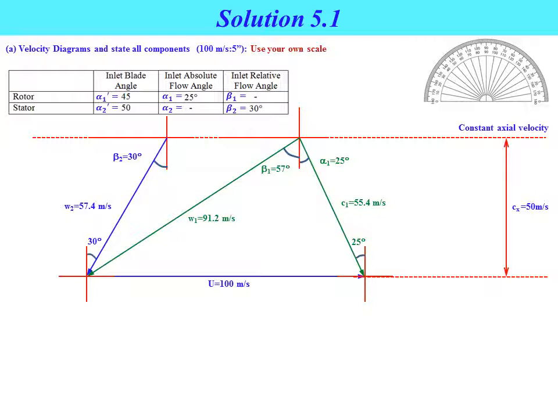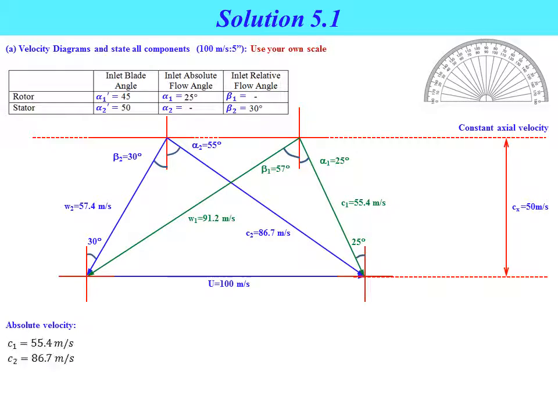Measuring the line, W2 equals 57.4 meters per second. Using the vector principle, we get the line for absolute velocity C2, and measuring it, C2 equals 86.7 meters per second. We can also get the angle alpha 2, which equals 55 degrees.